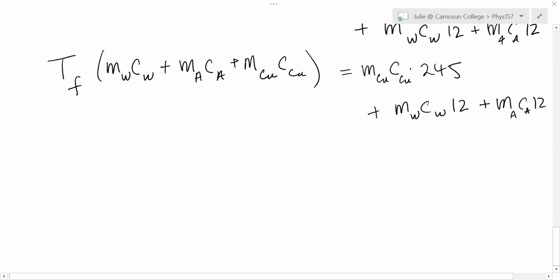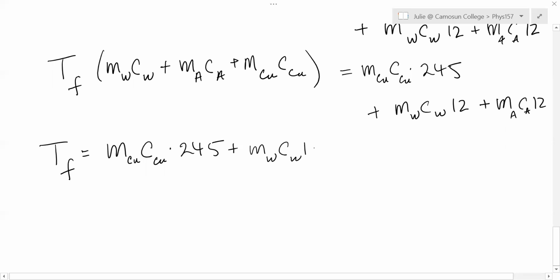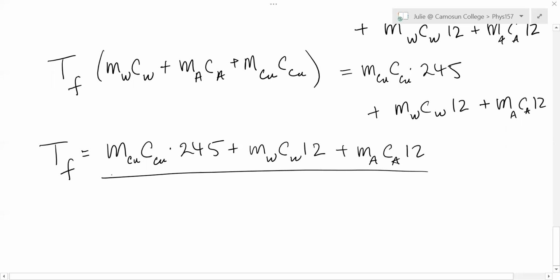And so you can see what the final temperature is. And you could just add as many objects to this as you want. You could add thermometers and, I don't know, extra things in the water or whatever. And then on the bottom, you just have the product of the M's and the C's.